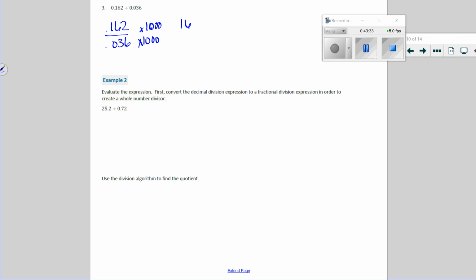162 divided by 36. So we can build our chart for 36. So we're adding 36. Can everybody here add 36 to two numbers? So 6 plus 2 is 8. 3 and 7 is 10. 6 and 8 is 14.